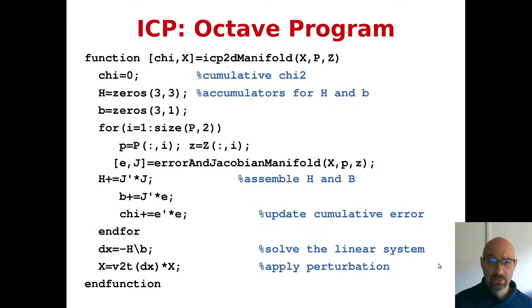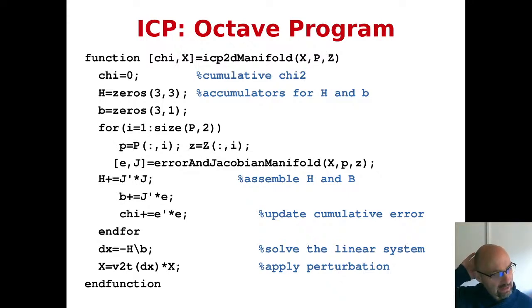The ICP version on the manifold is exactly the same as before, the manifold version of the least squares iteration, with one single difference. Who spots the difference? Well, I don't know how long the latency is.